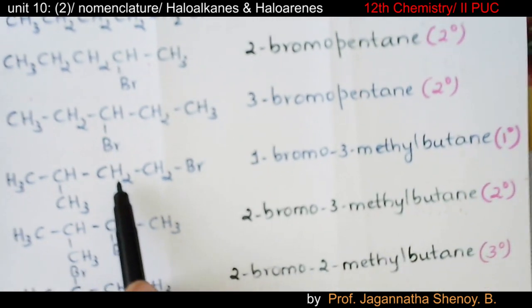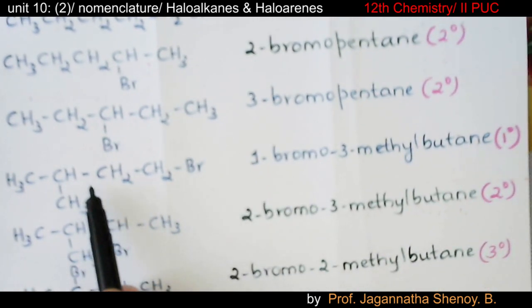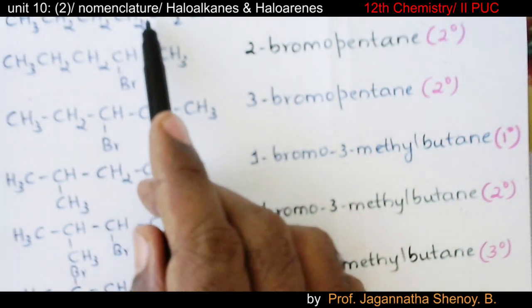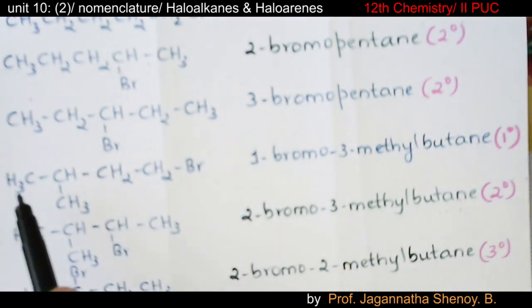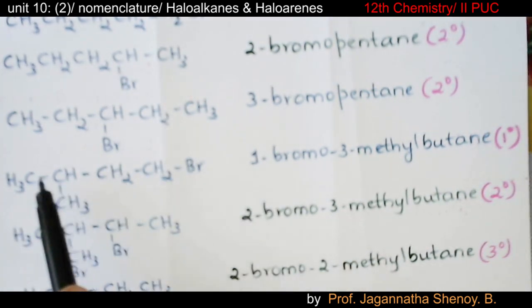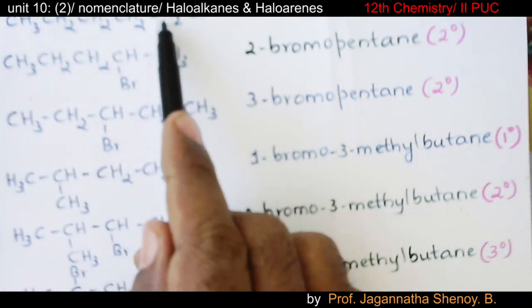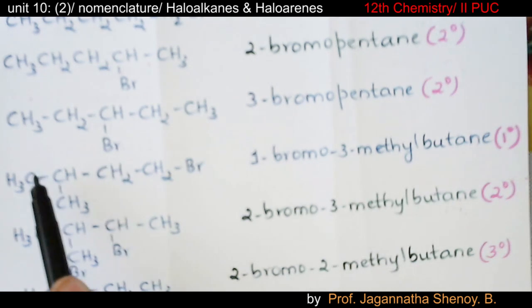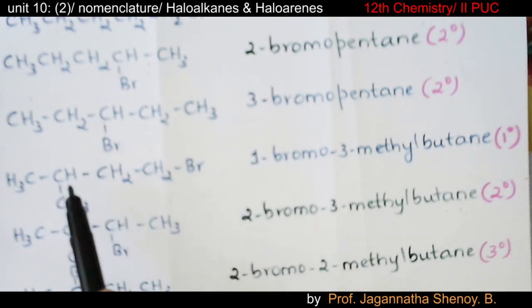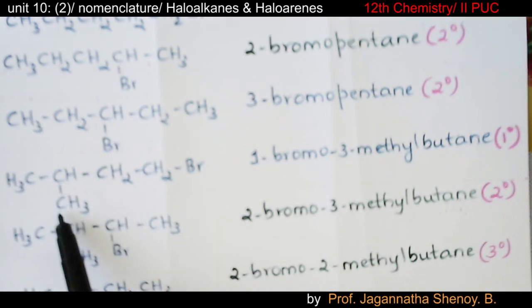I'll go to the fourth example. The fourth one is a chain isomer of the first one. When I say chain isomer, you can observe that the carbon skeleton is different. Here we have 5 carbon atoms in a linear chain. Here we have 4 in the main chain, 1 in the side chain.